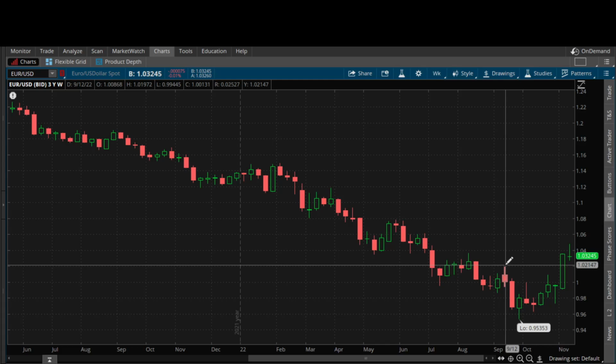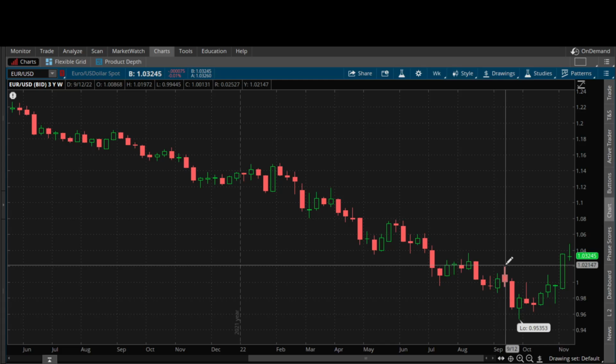Now you might be thinking, well, whoa, hold up. I thought we were learning about premium and discount. Why are you going into market structure? It connects with this, and it's going to help you understand the concept a lot better. It all comes together. So right now, Euro USD is operating within a weekly market structure that is bullish, but it is in a premium market.